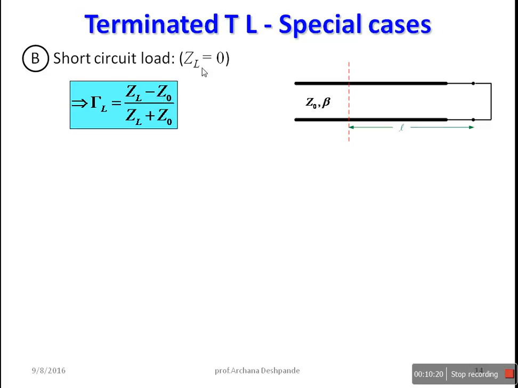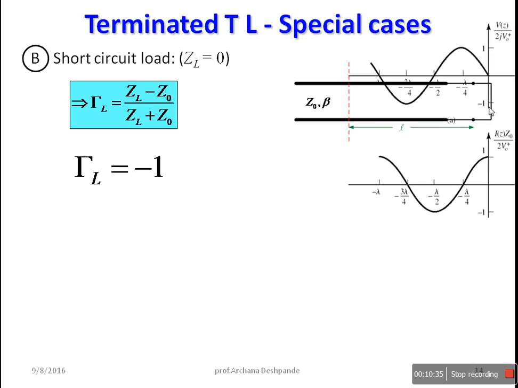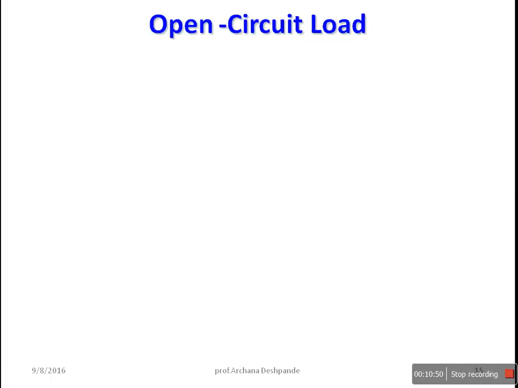If I substitute ZL equal to 0 in this formula, then I get tau L equal to minus 1. So for a short-circuited load, the reflection coefficient is minus 1, and at the load I am going to get 0 voltage. This will be the waveform for the voltage, and I am going to get maximum current here. Since ZL is equal to 0, I get a maximum current at the load.